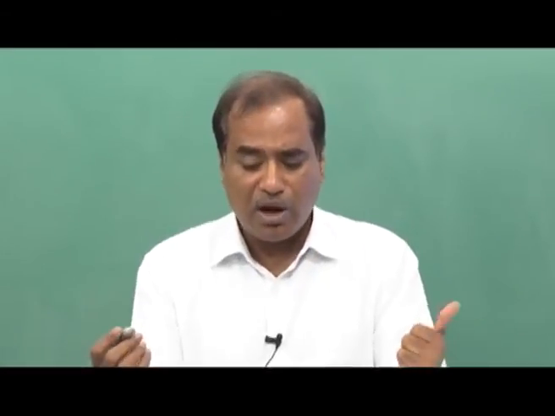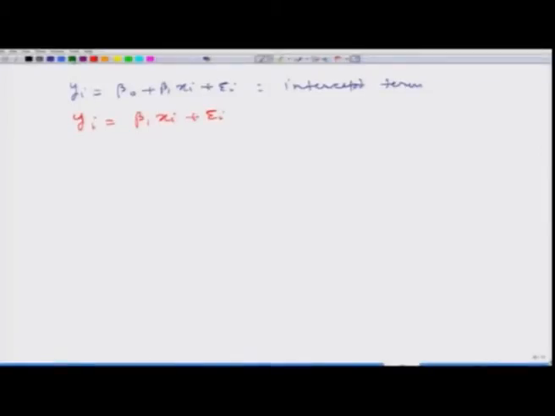Right. So, what is the interpretation of yi here? If I write down the model in terms of expectation, with the intercept term the model is like this, and without the intercept term it is something like beta 1 xi.